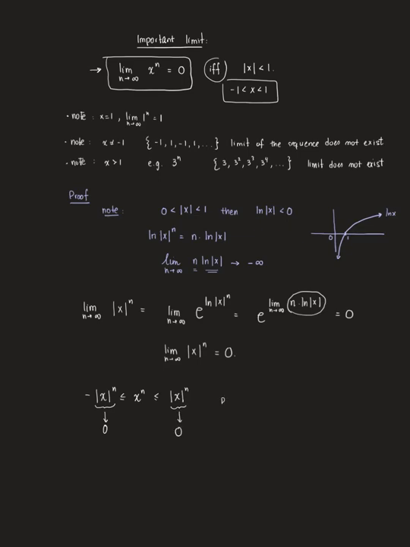And so therefore, by the sandwich theorem, we have what we wanted: that the limit as n approaches infinity of x to the n equals 0. And again, only true as long as x is between negative 1 and 1. So a really important limit to keep in mind. I will be talking a lot about this limit and referring back to this proof.